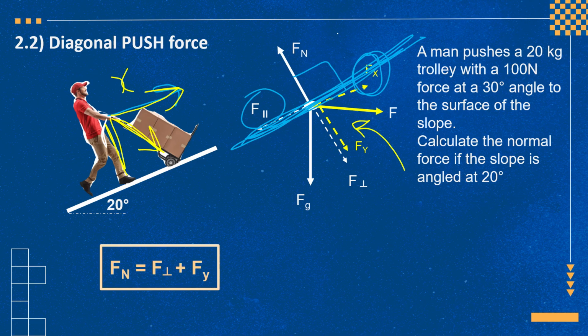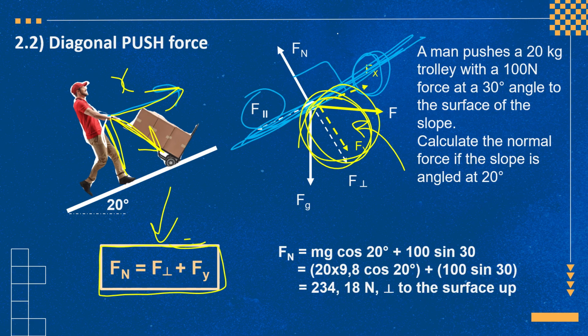So if you have to calculate the normal force, we've seen on the previous slide, and you need to learn this, that if you have a diagonal push force on an inclined plane, the formula that will help you to find the normal force is this: F perpendicular plus the Y component of that yellow force. So this is my substitution. F perpendicular is mg cos 20.